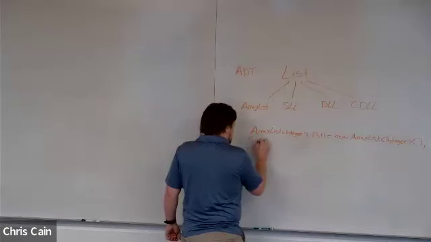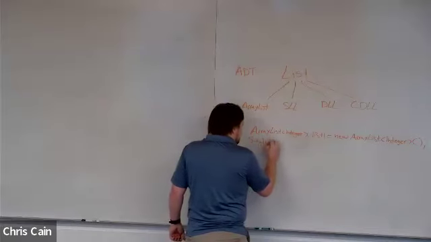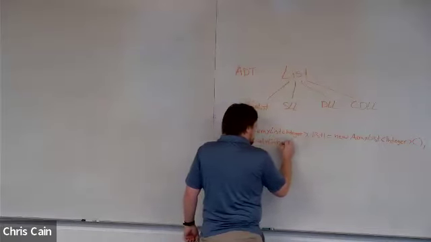So there's one list. We could make a SinglyLinkedList of type Integer, list2, equals new SinglyLinkedList of type Integer, etc. And now we have two lists, list1 and list2.